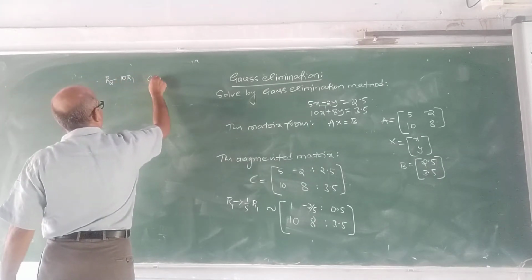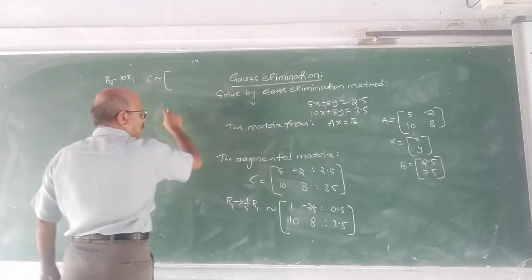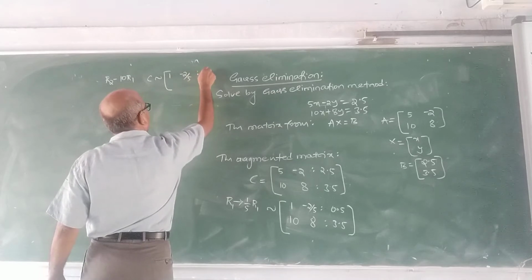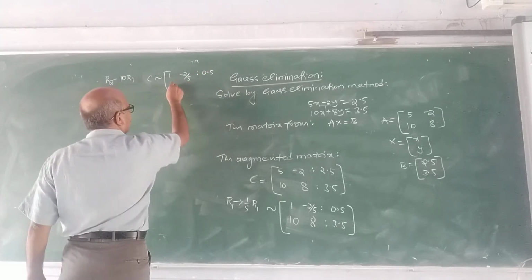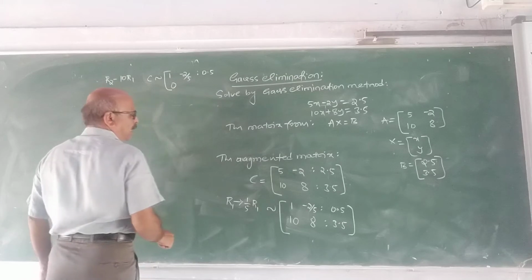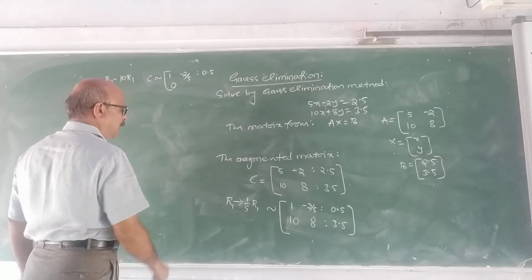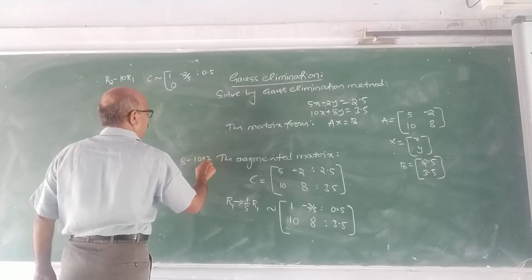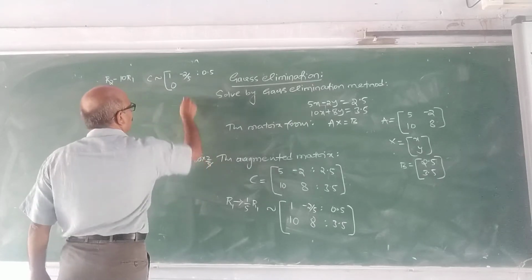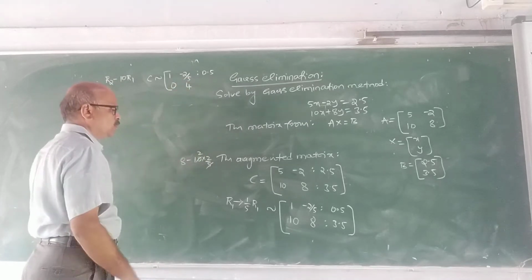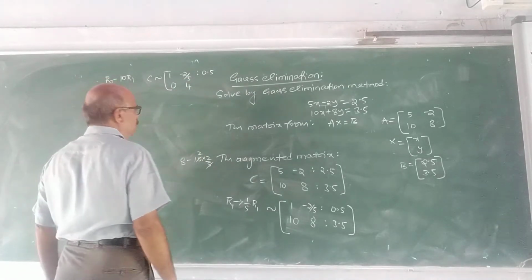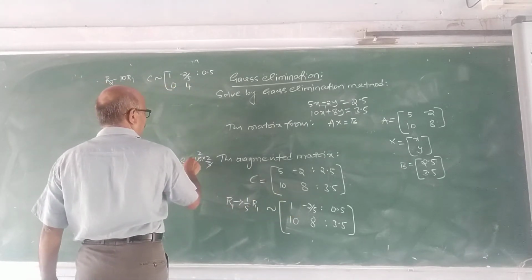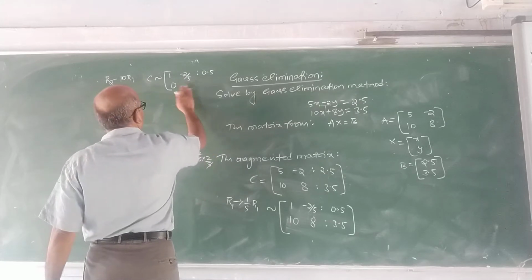We get 1, minus 2 by 5, 0.5, and 10 minus 10 is 0. Then 8 minus 10 into 2 by 5: that is 8 minus 4, so it is 12.